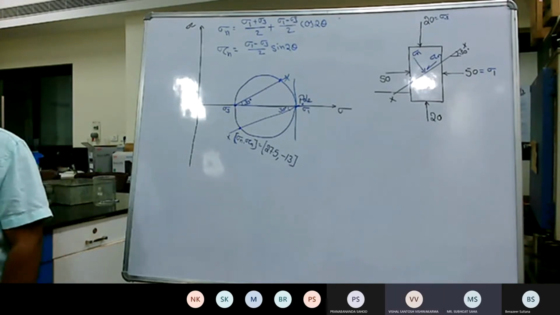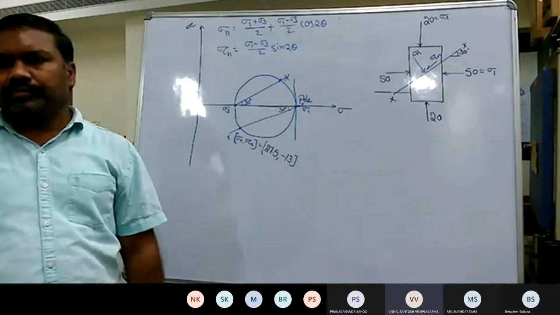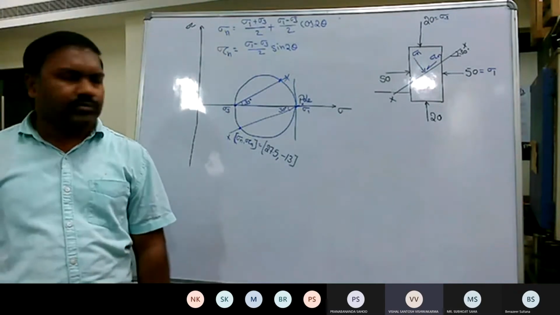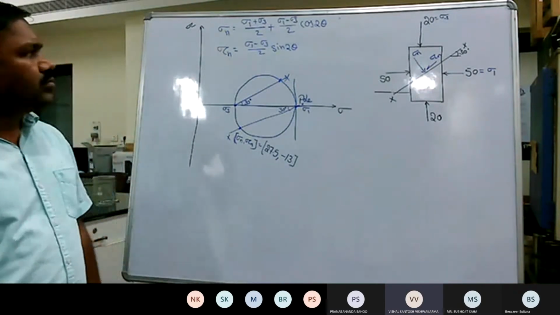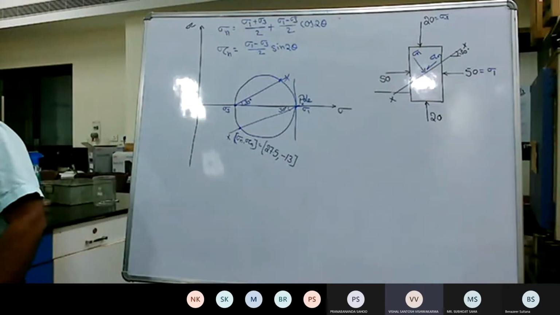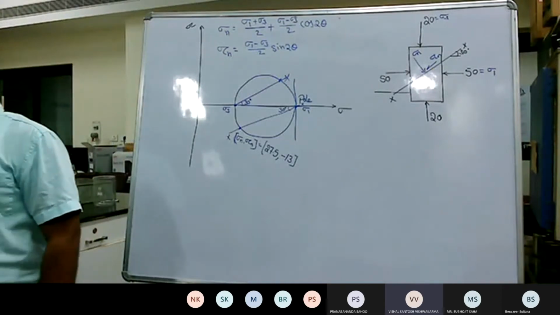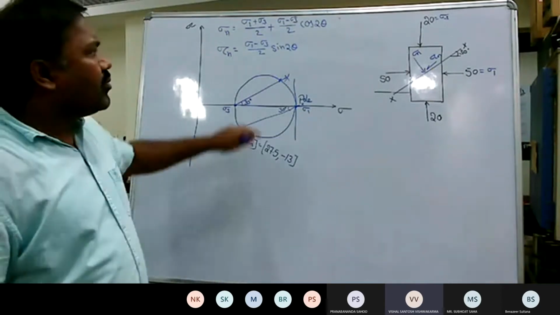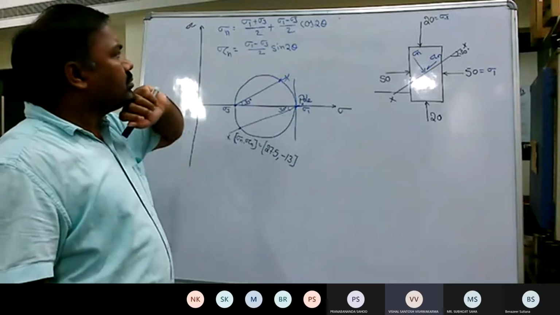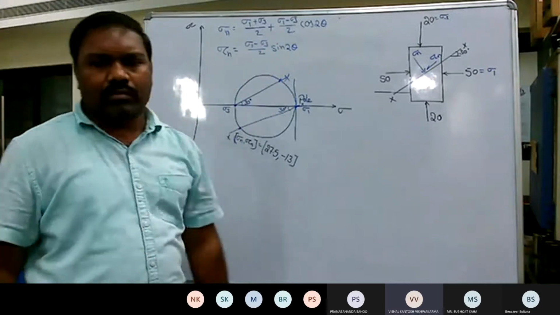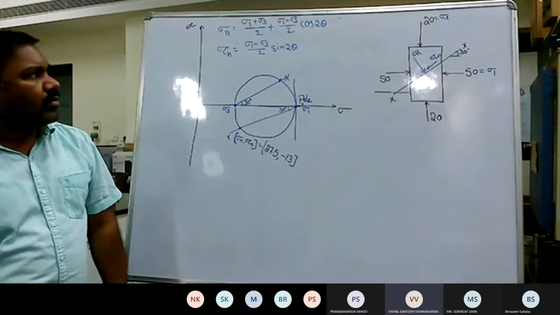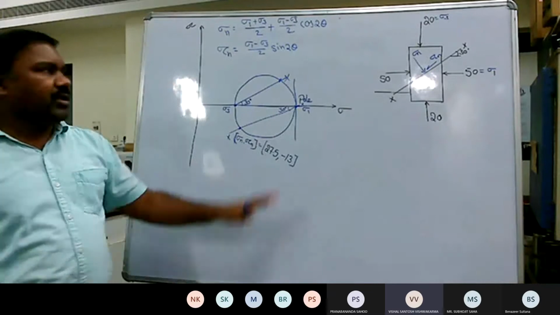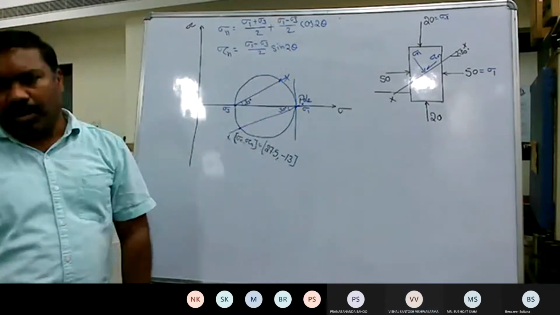And sir, here the formula is sigma 1 plus sigma 3 divided by 2 minus sigma 1 minus sigma 3 by 2. The given formula that you have written on the board, will it be considering all the stresses as tensile, that means positive tensile, sir? That is immaterial. This is a generalized formula.